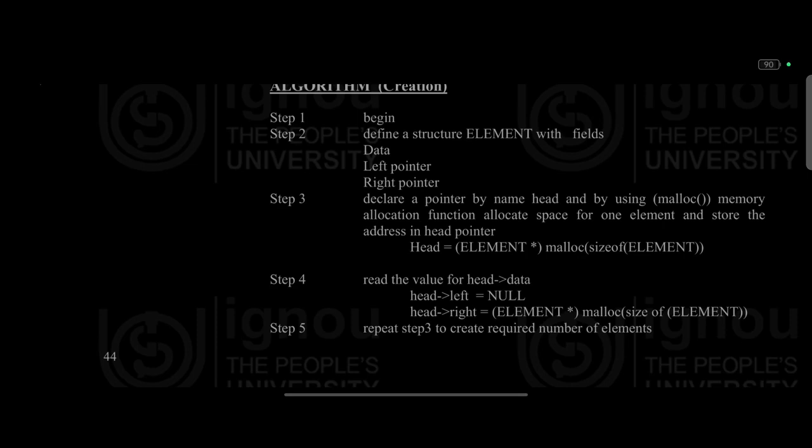Head is equal to element star malloc size of element. Step 4, read the value for head->data. Head->left is equal to null. Head->right is equal to element star malloc size of element. Step 5, repeat step 3 to create the required number of elements.